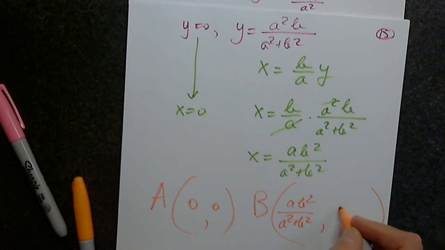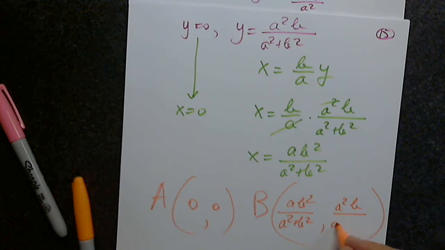And the other one is a squared b over a squared plus b squared. Okay, so after all this effort, I only determined that the two families of curves meet in 2 points. One is at the origin, and the other one at some point B. What is my next step?